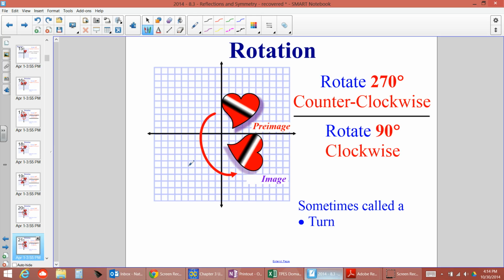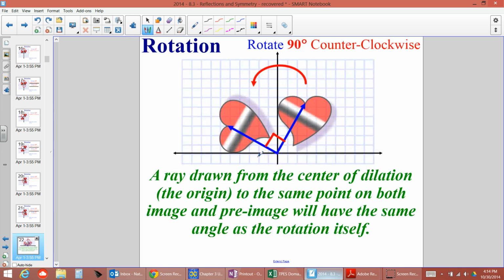Again, 3 left-hand turns, so left, left, left, is the same thing as just 1 right-hand turn. Notice how the distance from the center of rotation is preserved. This distance here is the same as this distance here, and the degree of rotation is 90 degrees.